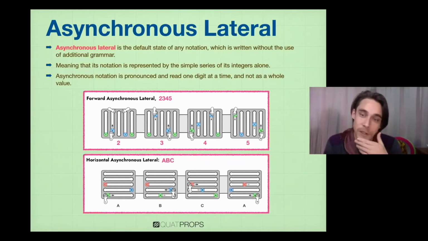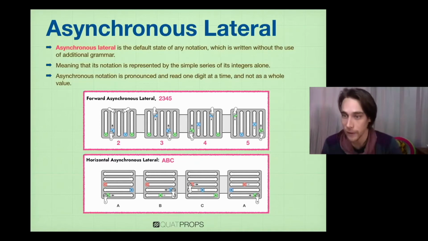Same idea for horizontal, but you can see in this example here, we have to decide how to set up the activity before we begin, right? So in this example, I decide to start with my left hand on the A, which means the second beat, the B, is going to be with my right side. And then the C will be with my left. And then in this arrangement, because every object changes hands, everything is bilateral, right? So then the pattern would go to the other side of the body as well.